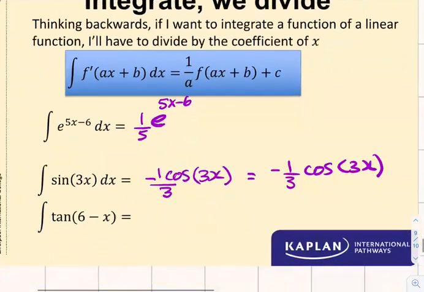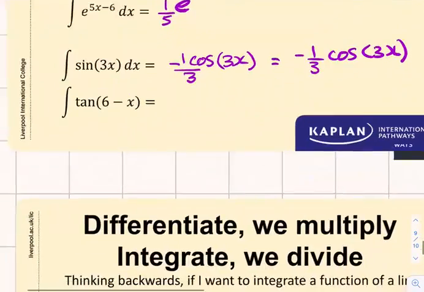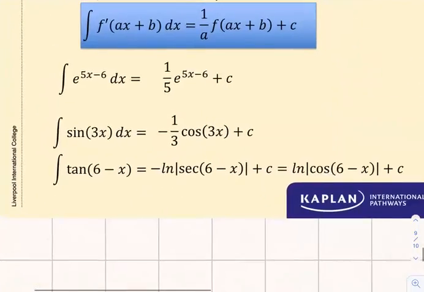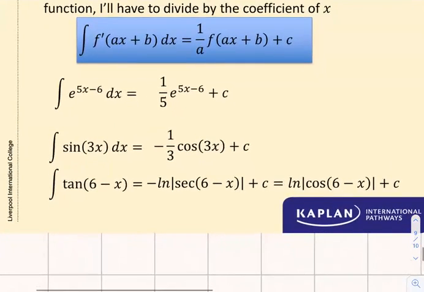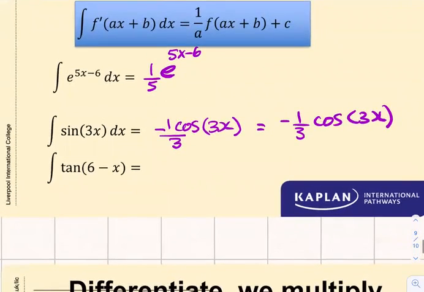Okay, the integral for the tan. We don't know this; this is going to be from the formula sheet. So it's minus ln secant. So it's ln secant 6 minus x multiplied by the coefficient of x, which is minus 1. So that's why we get the minus here, right?